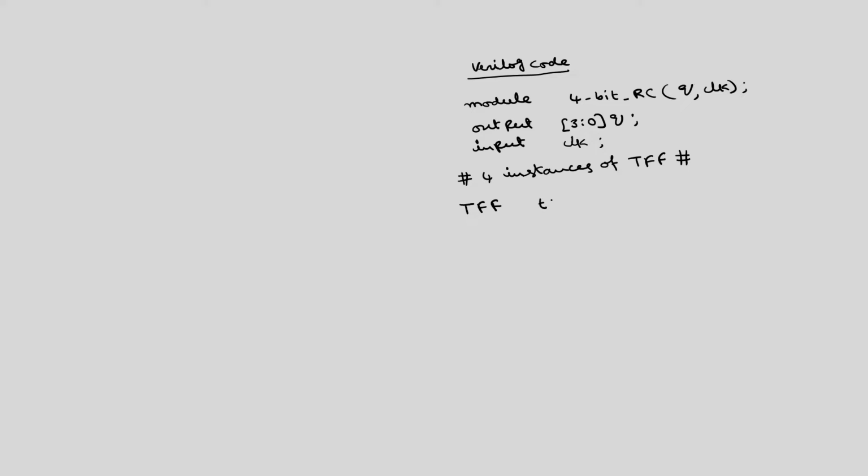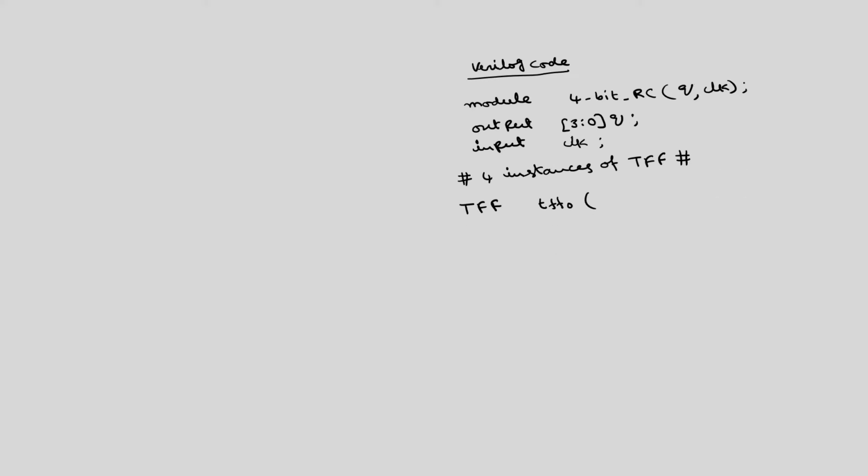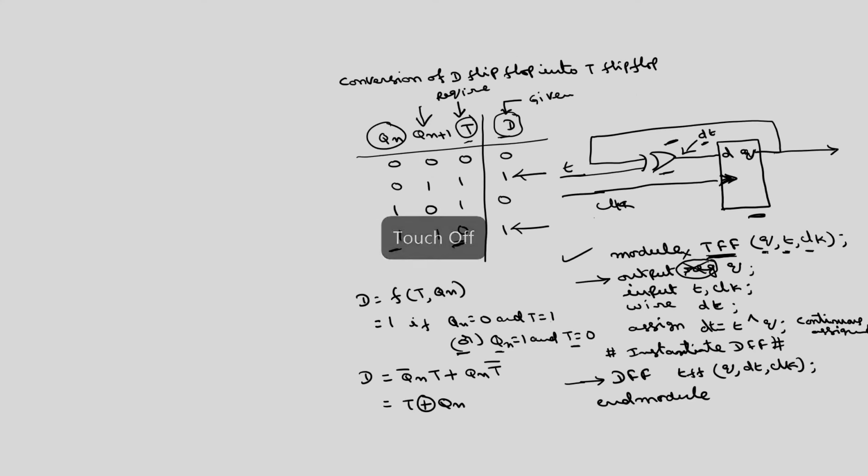I will give another sub name as TFF0. We have to define this as output, input and clock. Inputs we can also define here: input [3:0] T. So, first we have to give the output, then the input, then the clock.